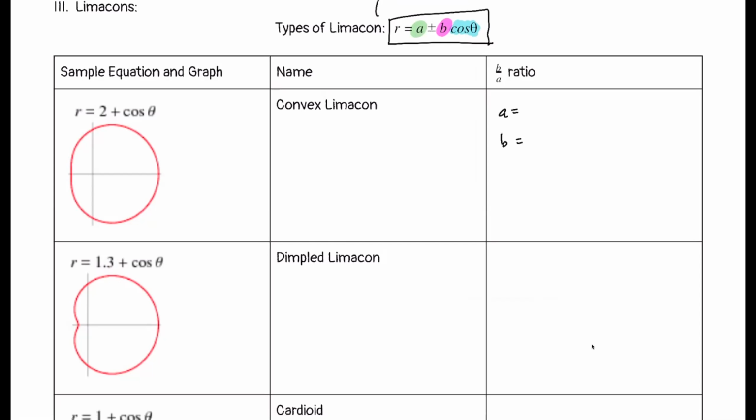Okay, so B is 1, good, because the number in front of cosine is 1, and A is 2 because the number that is not next to the cosine is a 2. So we have a B of 1 and an A of 2. So what that means is that B over A equals 1 over 2.